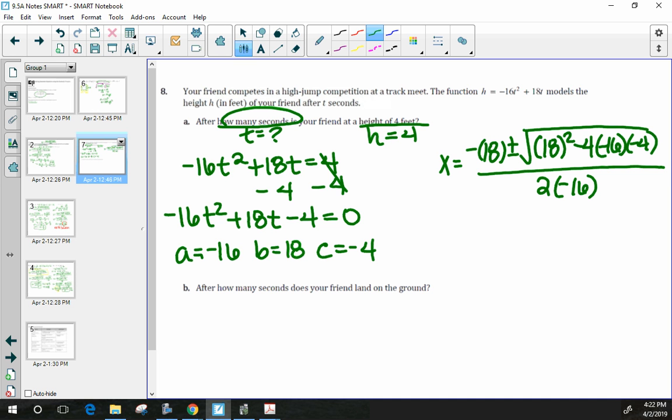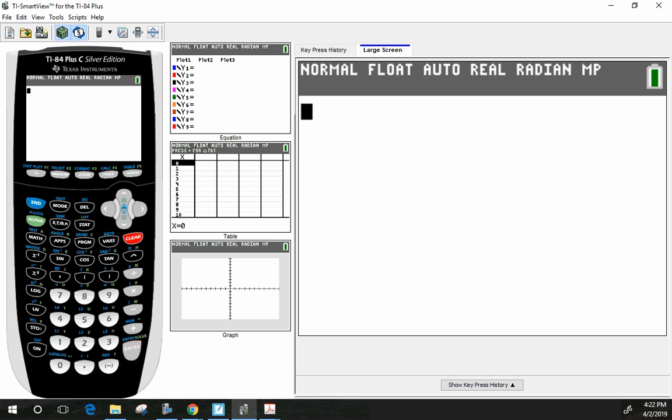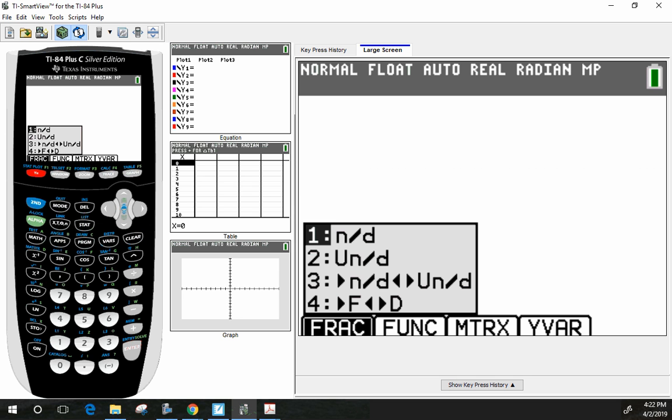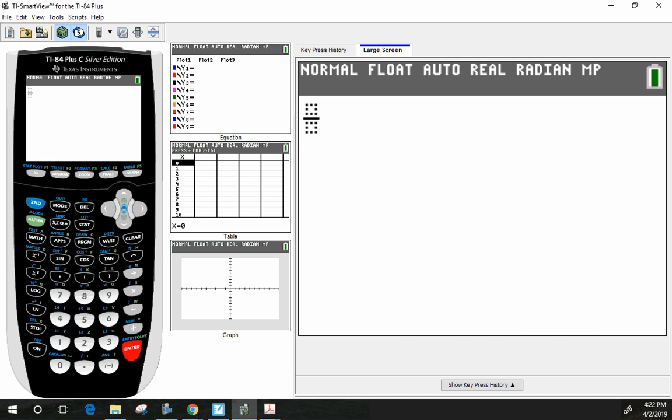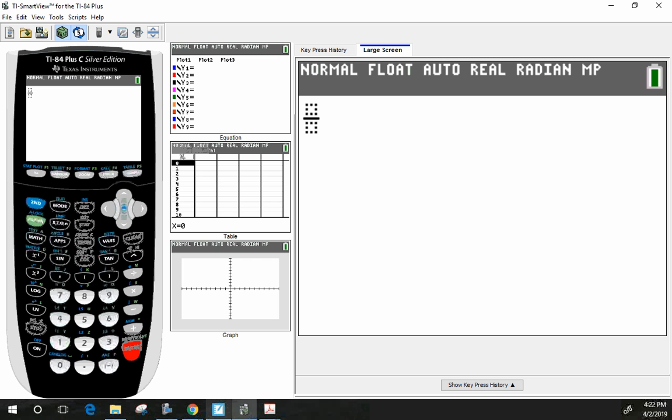Okay, and I think at this point I'm probably just going to reach for the calculator. And so when I insert that, clear this out, I'm going to pull up my division bar. So my first term, b is 18. So I'm going to do negative 18 plus the square root of, again, that b value is 18.